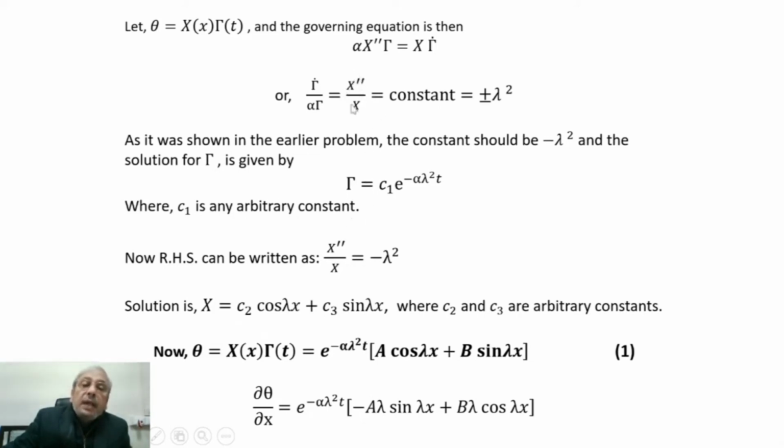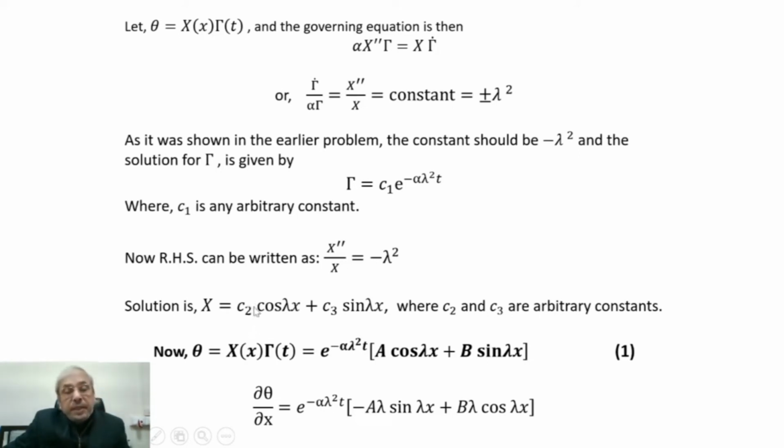Then the other part, X double prime by X equals minus lambda squared, gives the x dependent part, which is the spatial part of the function, which will finally contribute to the solution of temperature.